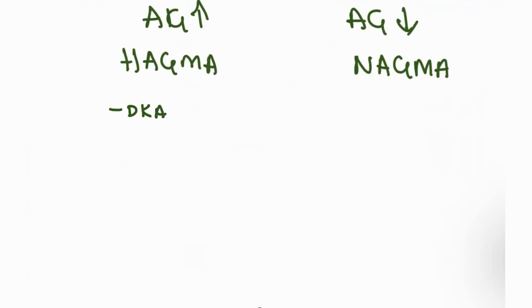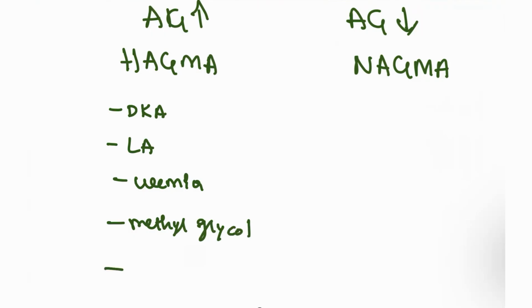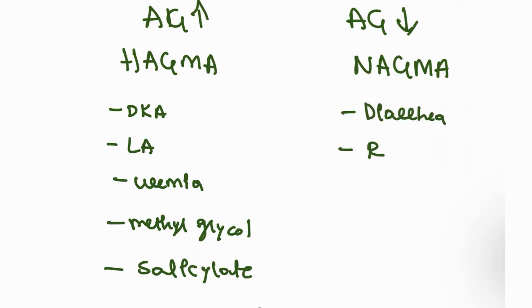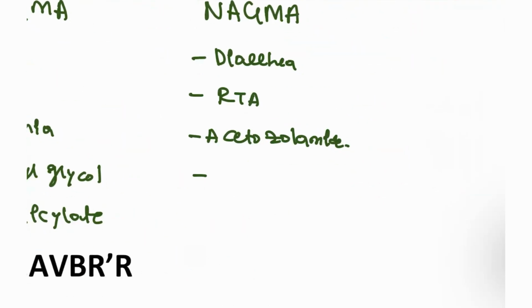DKA and lactic acidosis, patients with uremia, methyl glycol poisoning, and also salicylate poisoning. Next, NAGMA includes diarrhea, VIPoma or RTA, those taking acetazolamide, and also patients suffering from other poisons.